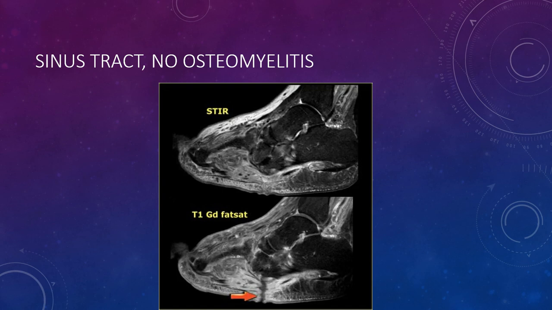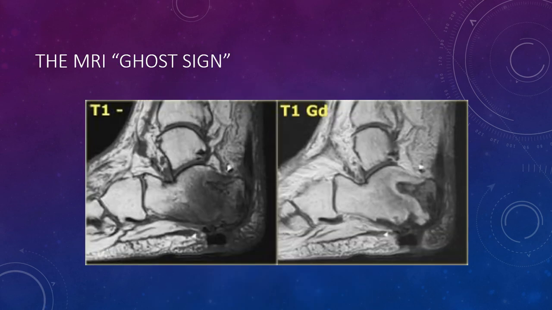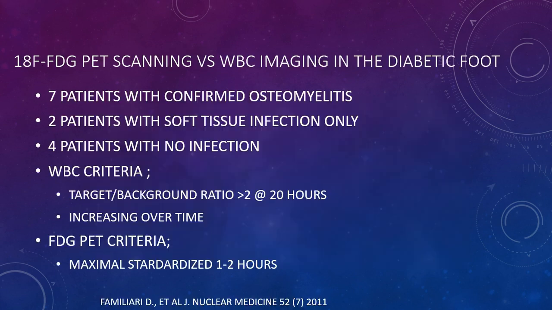We may have situations on MRI where a sinus tract is present through the ulceration, but we have no adjacent bone marrow changes to suggest osteomyelitis. Again, the so-called ghost sign, in which the characteristics of the infection are enhanced with the use of gadolinium.